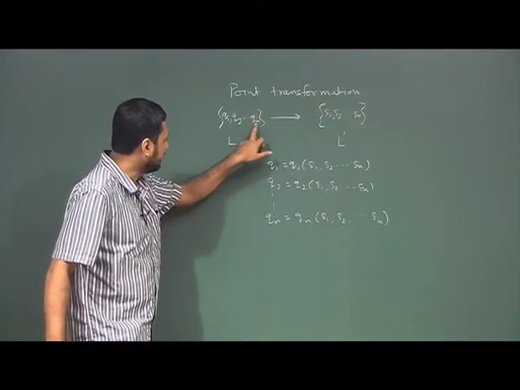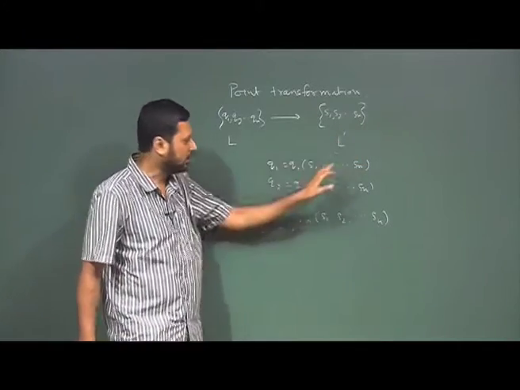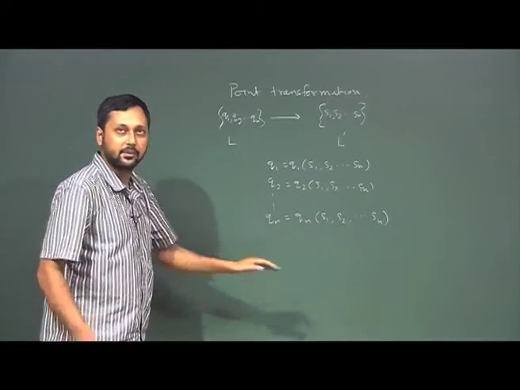So, if we have n coordinates here, there have to be exactly the same number here, and they have to be related by this type of transformation equation.